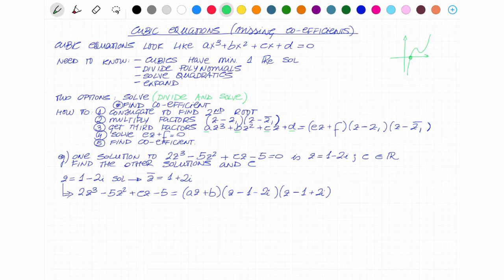So this is our z minus z1, and this could be our z minus the conjugate of z1. So now I can come here, multiply these two, and get the quadratic.